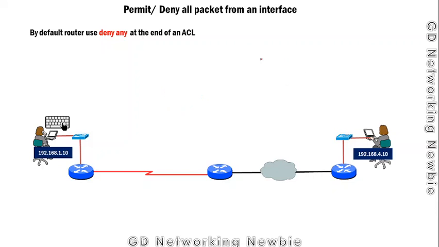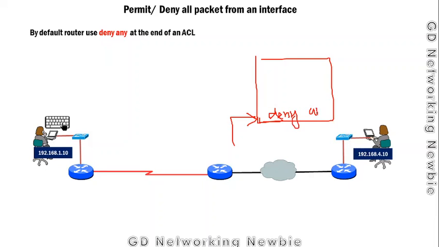So if we create an access control list, by default the router IOS adds one line at the end that says deny any. Deny any means if no condition is matching, then the last condition is to deny all the packets. So by default it is that.